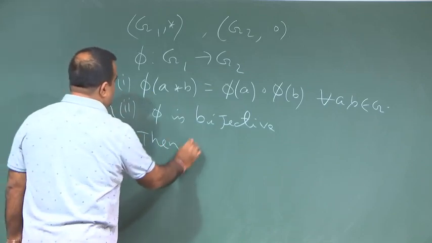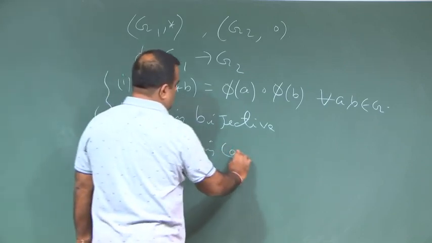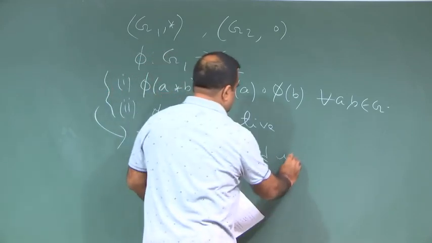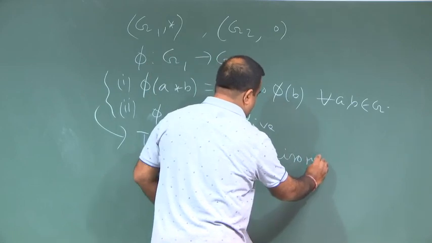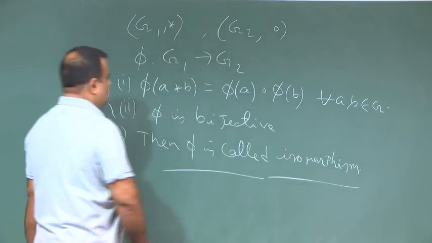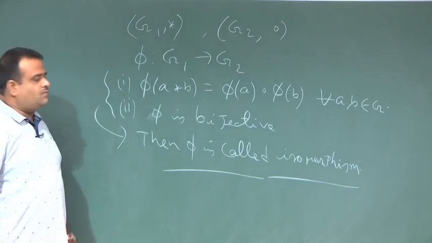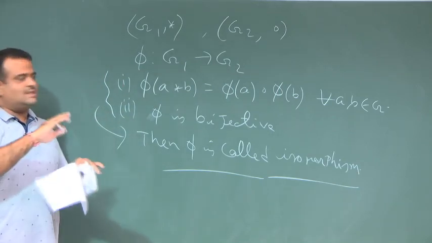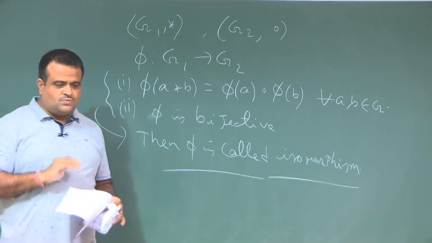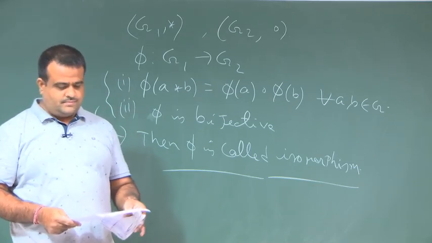Then phi is called an isomorphism. Then if we have two sets and such a mapping exists, we call the two groups isomorphic with each other. Thank you.